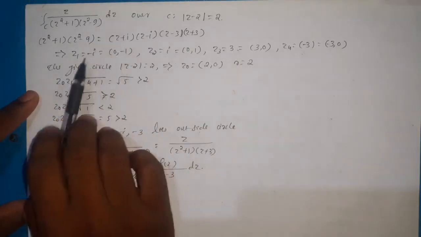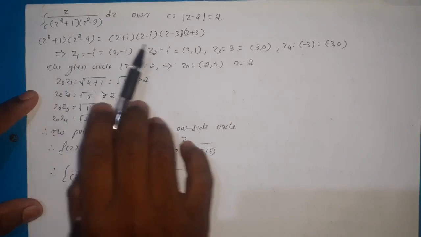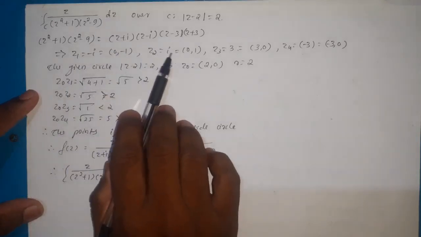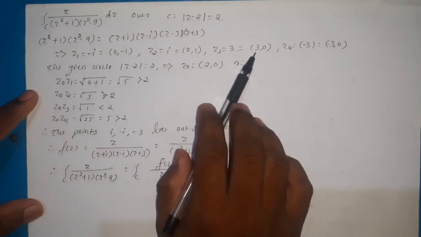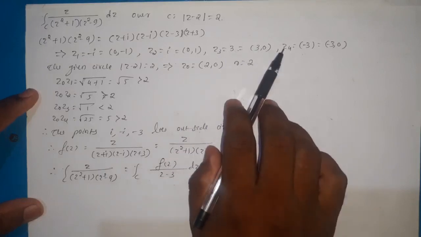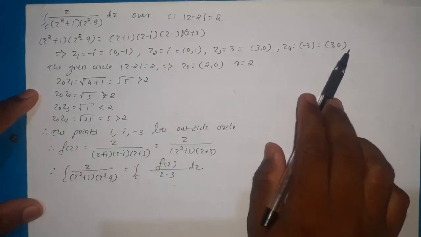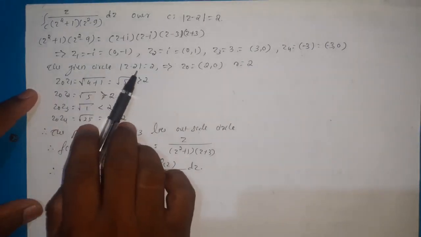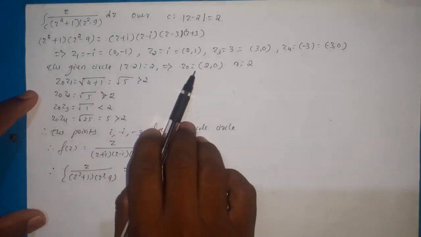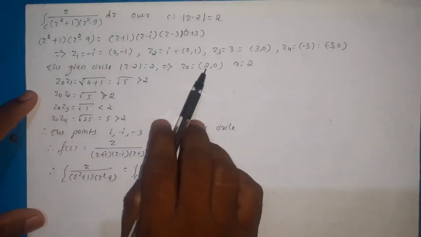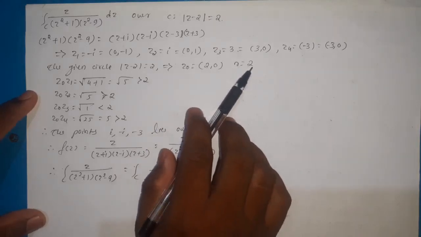So z1 equal to minus I, its coordinates are 0, minus 1, and z2 equal to plus I, 0, 1, z3 equal to 3, 0, z4 equal to minus 3, 0. And the given circle is mod z minus 2 equal to 2. Let us denote the center as z0, which is equal to 2, 0, and the radius is 2 units.